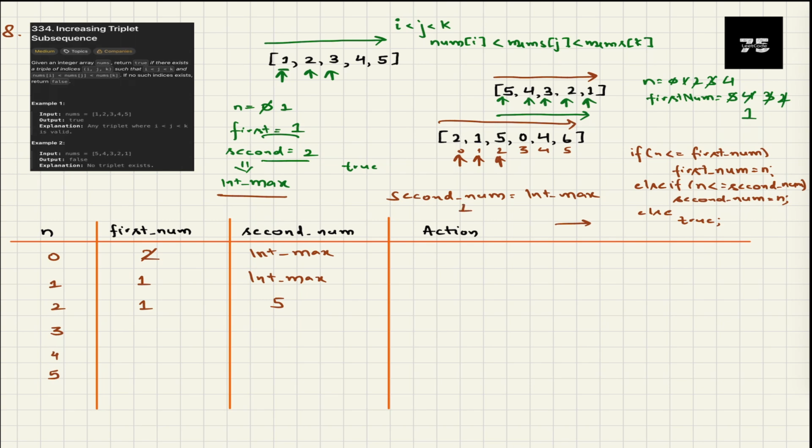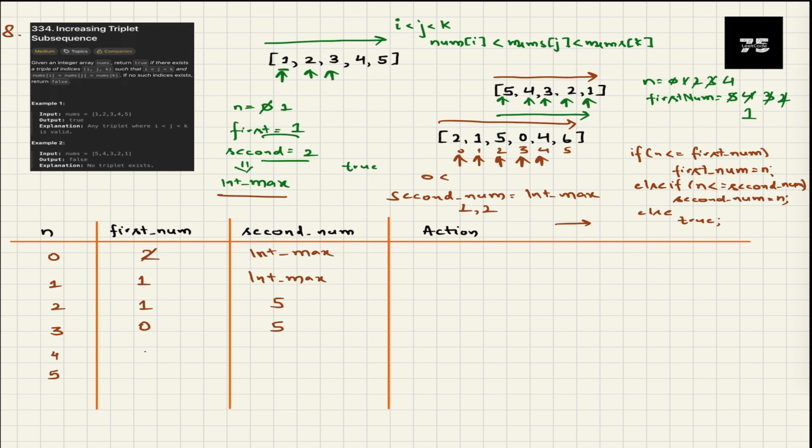We have first num and we have second num. Now we move to index 3. Is 0 less than first num? Yes, it is. So my first num will be assigned 0. Now again we will move.